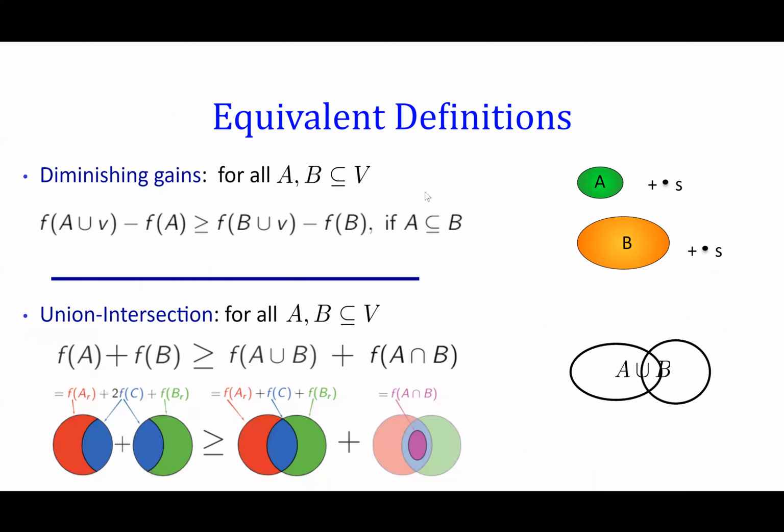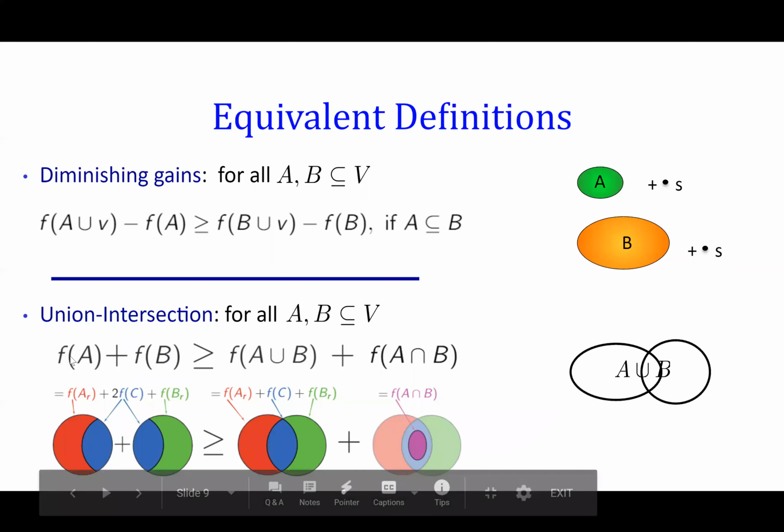There are two equivalent definitions of submodularity. One is the diminishing returns definition that we saw: the gain of an element shrinks as the context of the set grows. The second definition is known as the union-intersection definition of submodularity, and many of you must be familiar with this from entropic notions.